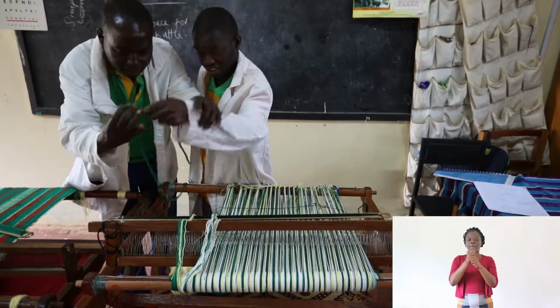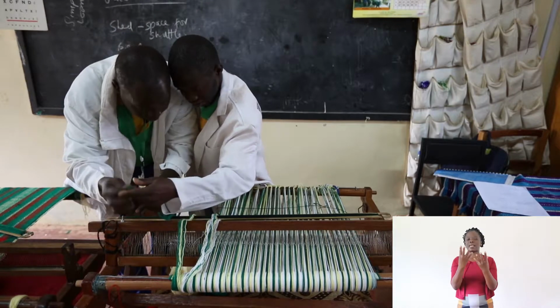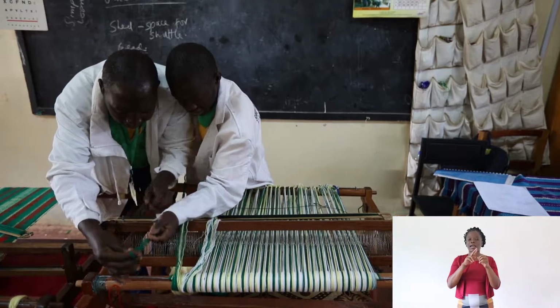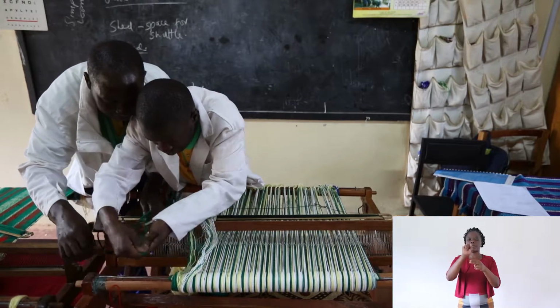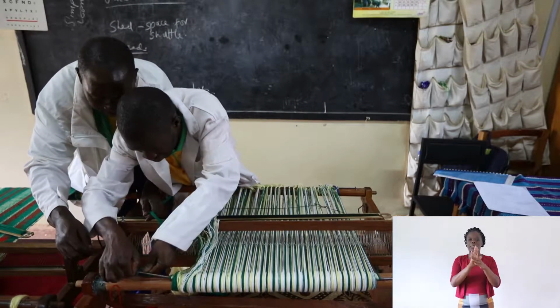To make the weaving process easy, the warp threads are arranged up and down to create a space called a shed for passing the wefts.